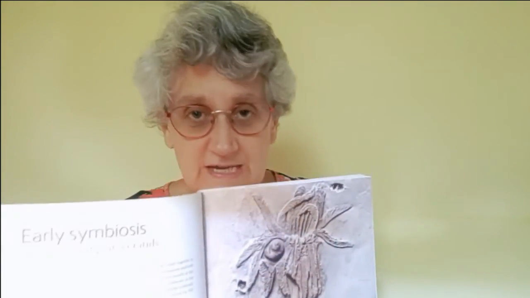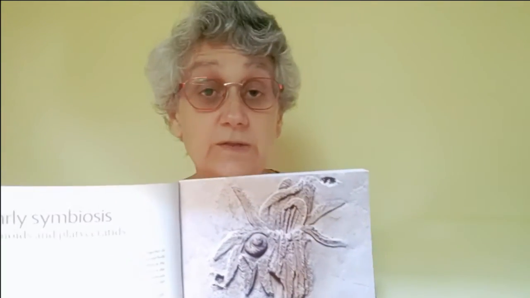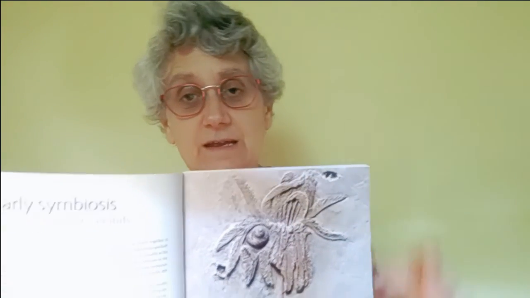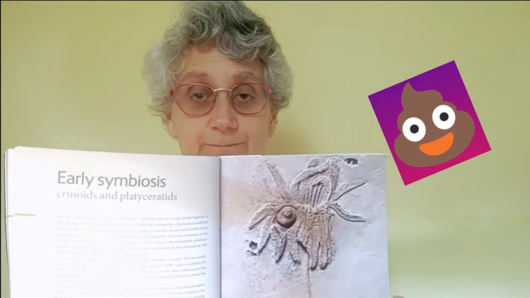So they're suggesting that maybe the symbiotic relationship hundreds of millions of years ago was that this little guy was benefiting from the nutrients in the poo of this guy.